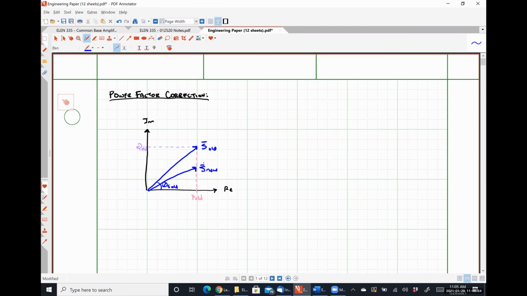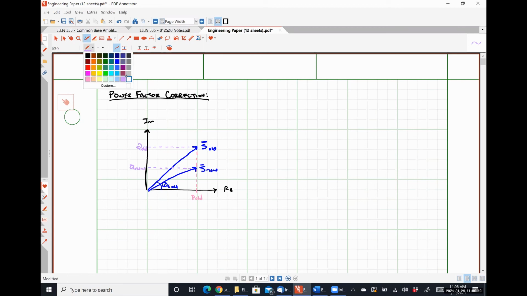It has the exact same average power as before, but if I project my reactive power onto the imaginary axis, where this is Q new, I can see easily that decreasing the reactive power absorbed by my load will lower my power factor angle.